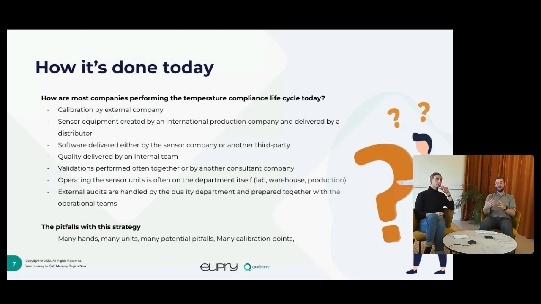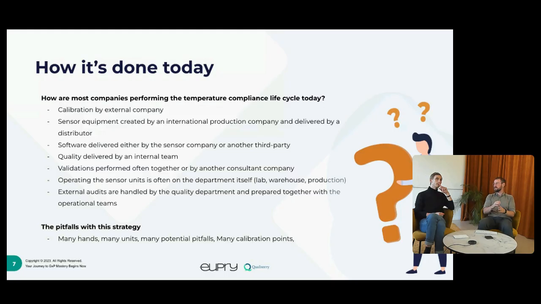We often see, and I hope you can all agree with me on that, that the quality is delivered by an internal team. But if you have global organizations, you have a centralized quality unit that deals with this, and this also brings in operational inefficiencies, I would say.